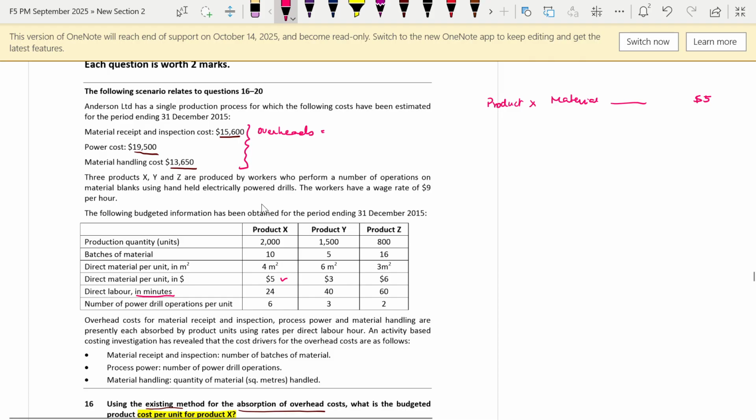We have to know it in terms of value. Direct material per unit is in dollars. Direct labor is in minutes.